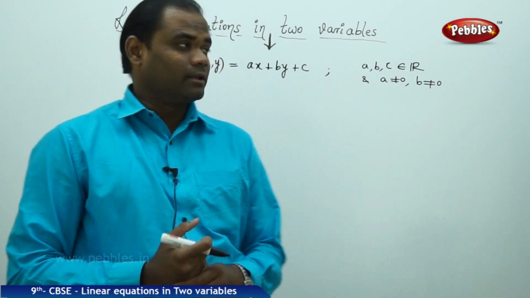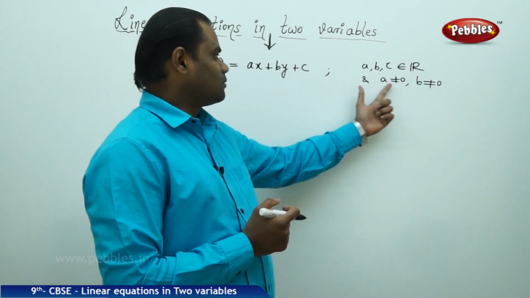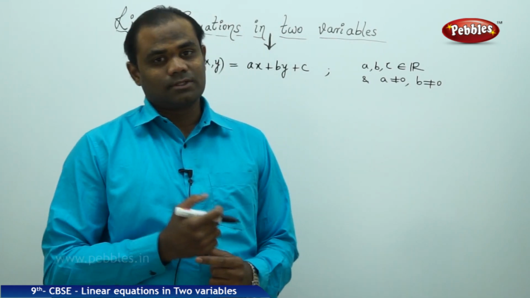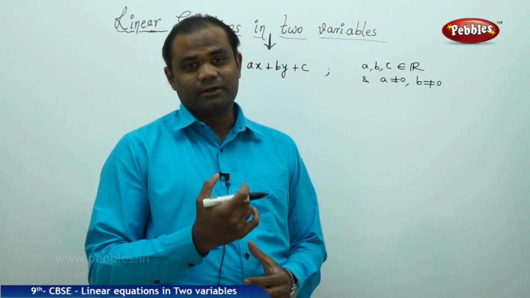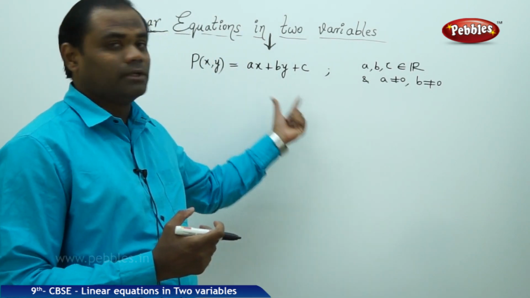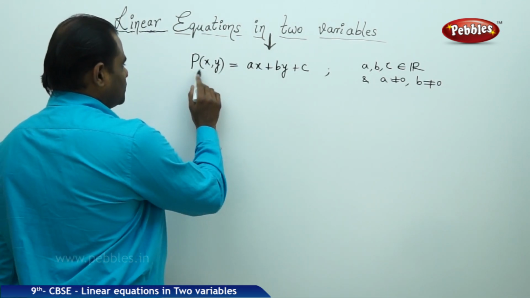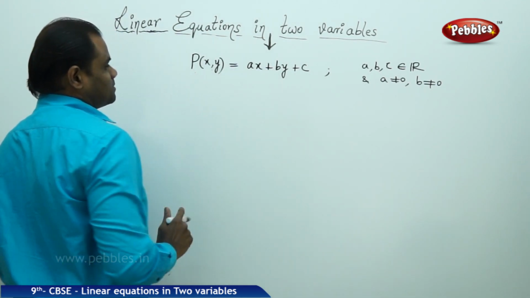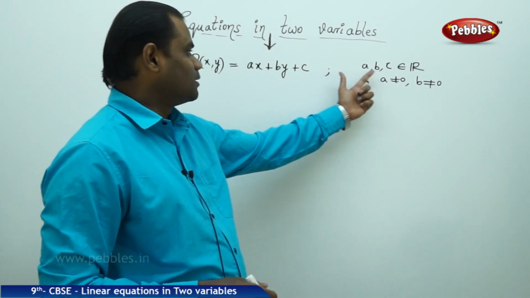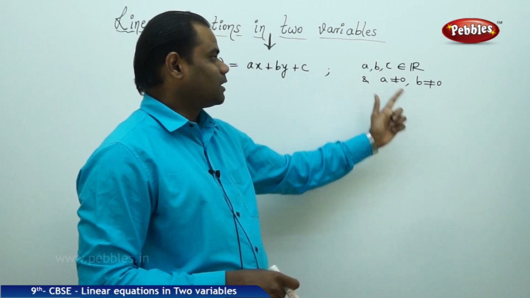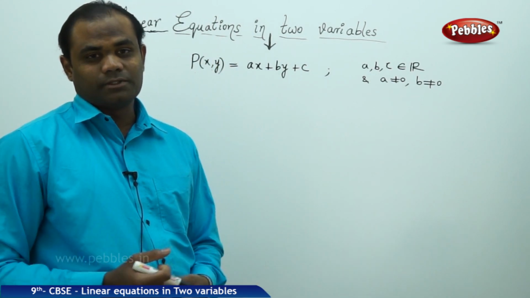So let's see how we can define the linear equation derived from the linear polynomial. This polynomial p of x comma y equals ax plus by plus c is called a linear polynomial in two variables x and y if a, b, c belong to R and a not equal to 0, b not equal to 0. Now what is an equation?